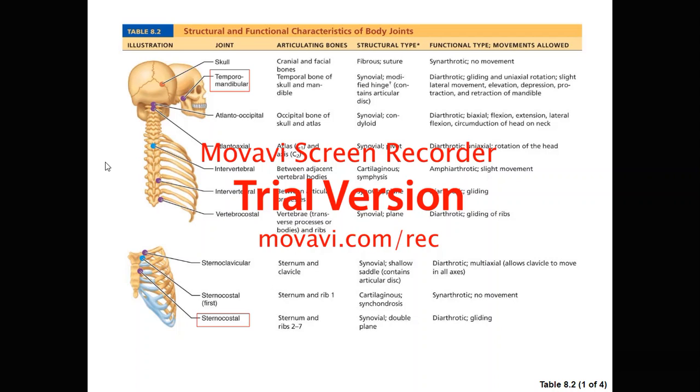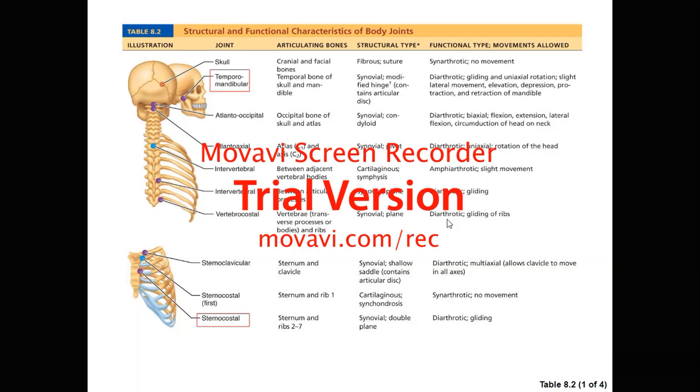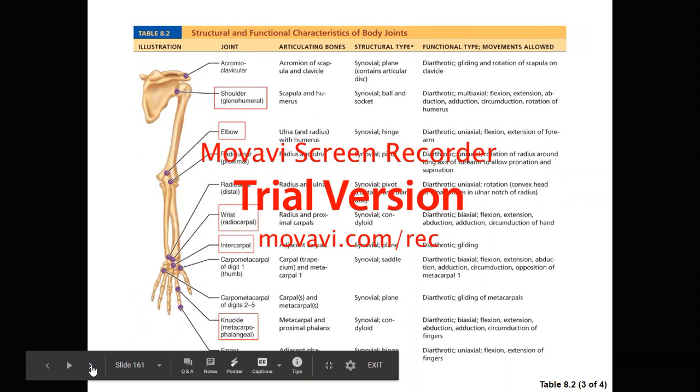We didn't talk about that, but this table still summarizes it for you, so you should still know the articulating bones, the structural type, and the functional type. But most of these we did talk about.